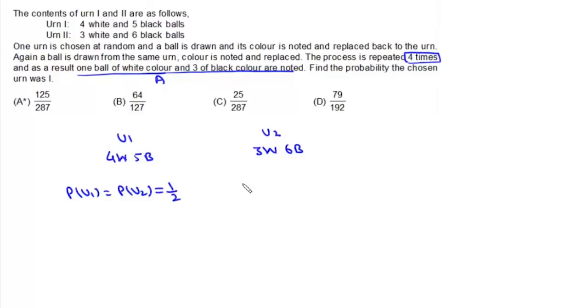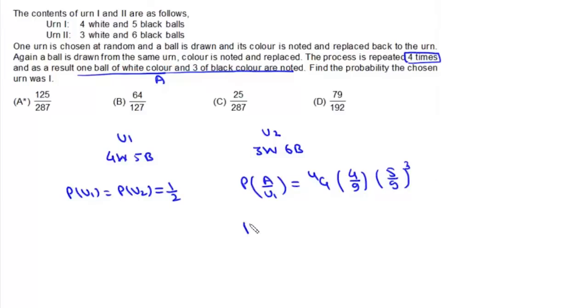Now if we choose urn 1, then the probability of getting 1 white ball and 3 black balls will be P(A/U1), and it will be 4C1 into, now the probability of white is 4 by 9, the probability of black is 5 by 9. So there will be 4C1 times 4 by 9 into 5 by 9 cube.